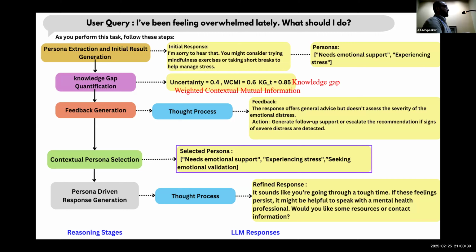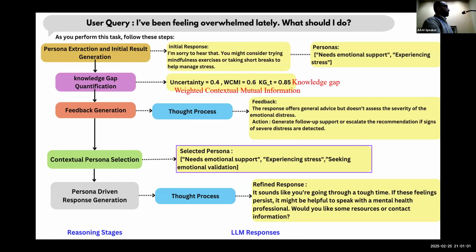At this point, I'm not really eligible to give any meaningful answer to the end user. This is not feedback coming to the user; it's feedback that the model is giving itself, which is nothing but a thought process. And the feedback is that this information is not sufficient to give a particular answer.